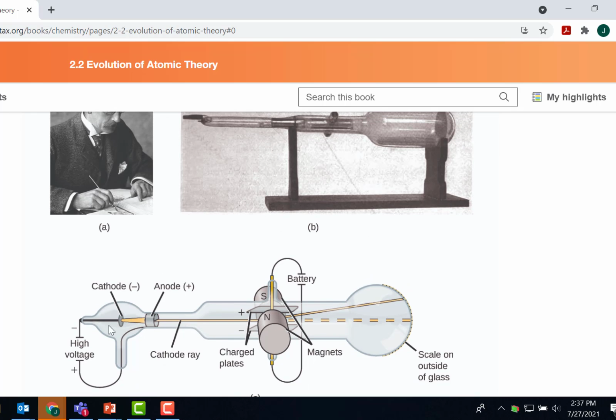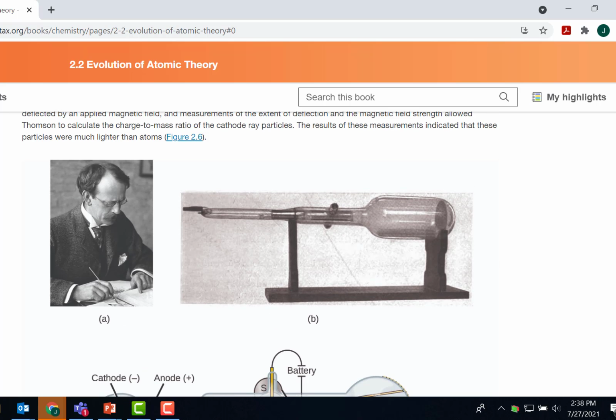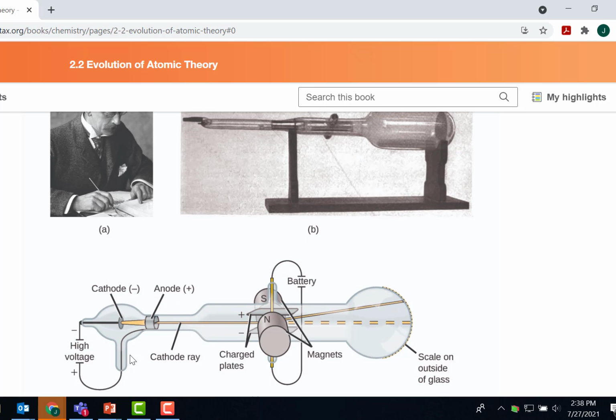Actually, let's back up, not how they work today, but how their discovery was made. What happened was a metal was placed in this vacuum tube, and electricity was passed through the system.